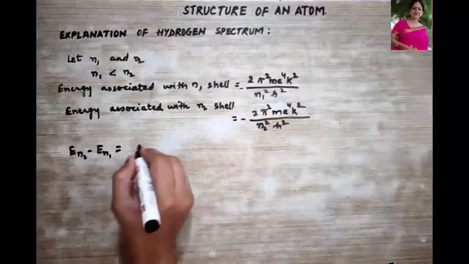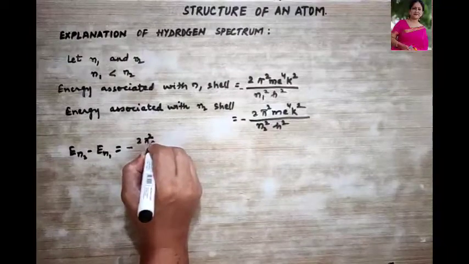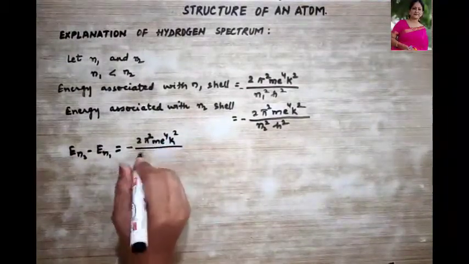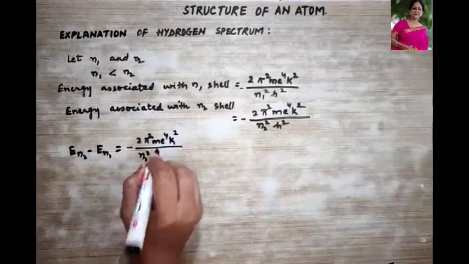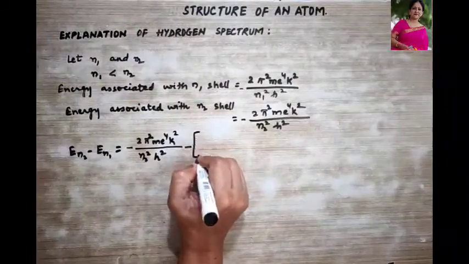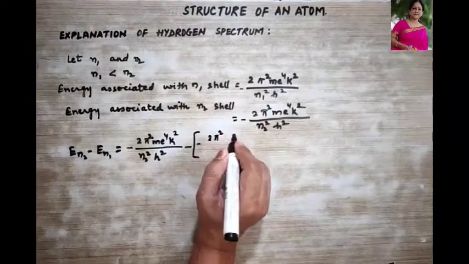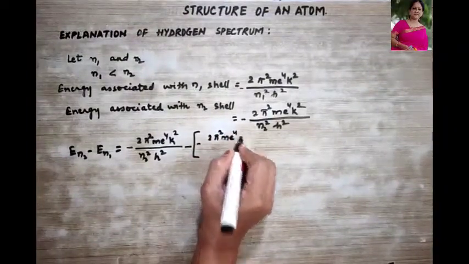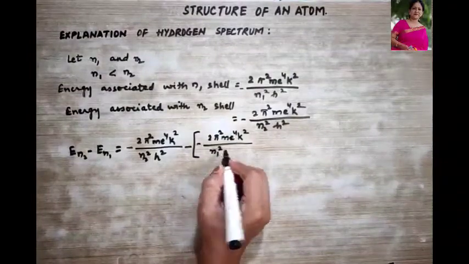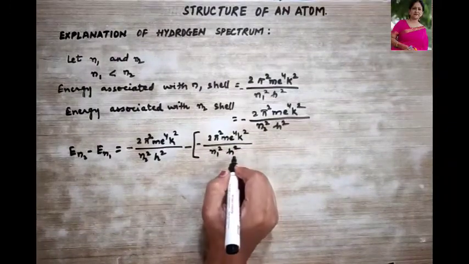So let us write minus 2 pi square m e4 k2 upon n2 whole square h square minus 2 pi square m e4 k2 upon n1 square h square.